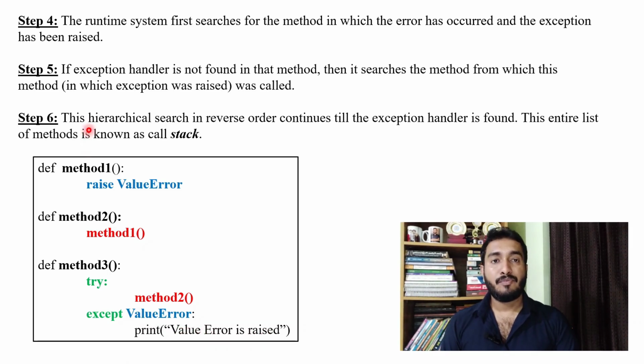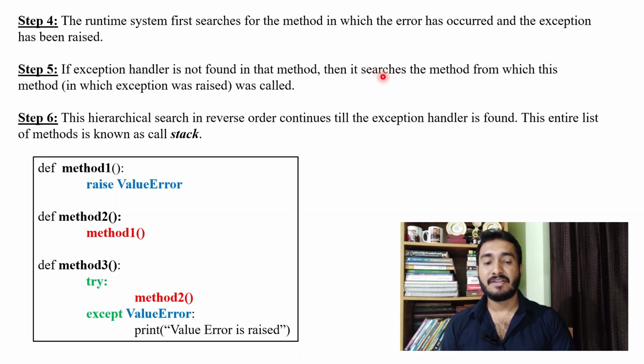Now look at step 4. The runtime system first searches for the method in which the error has occurred. Here we have raised the exception inside method 1, that is our current method. If the exception handler is not found in that method, so method 1 does not contain any except block, so there is no exception handler in method 1.